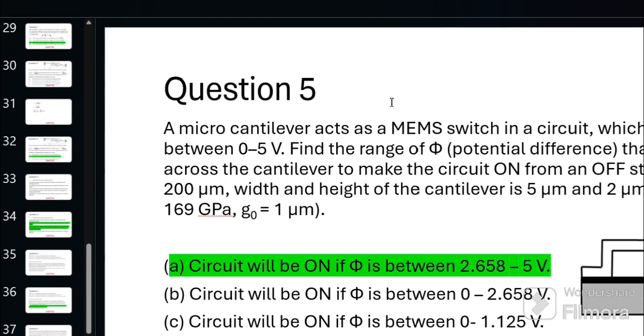So the circuit will only be on when the voltage is more than 2.65, and since the operational voltage is 5 volt, the circuit will always remain on between 2.65 to 5 volt, because in this case the electrostatic force is actually greater than the mechanical restoring force.